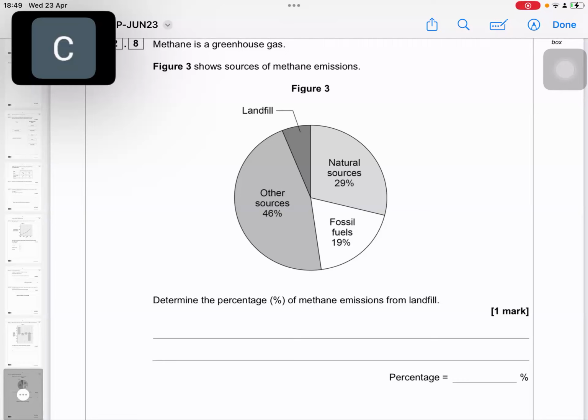Let me just ask this, just for fun. If the unit was in degrees, now I'm not expecting it, but let's just say they wanted to play some games with this question, and they used degrees instead of percentage. What would you do to find out what landfill would be?